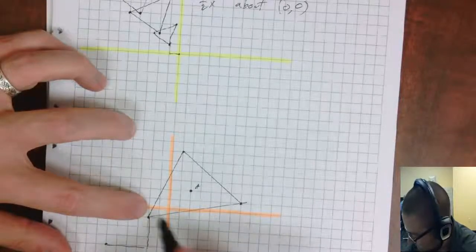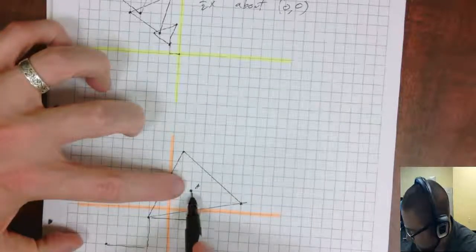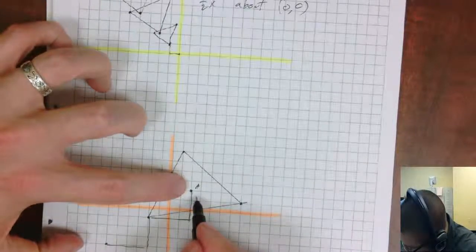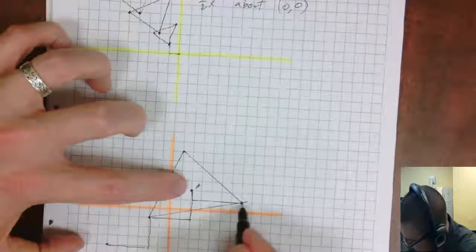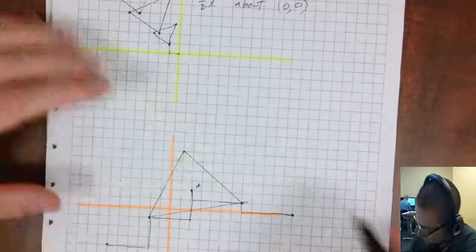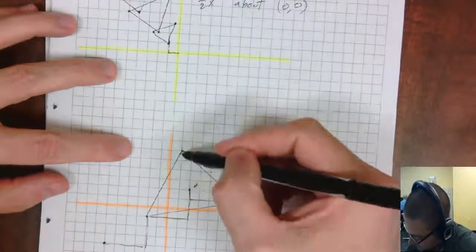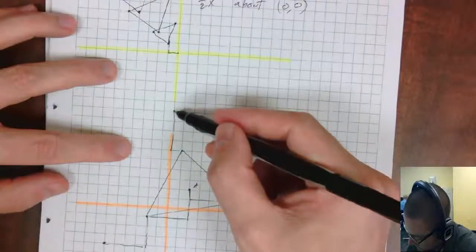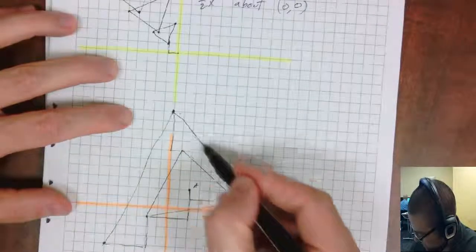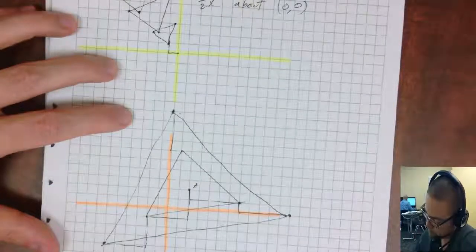This L shape goes 1, 5. So I'll go another 1, 5 up to there. And this one goes 1, 4. We'll go another 1, 4 up to there. So I get this triangle that was double the size about point A.